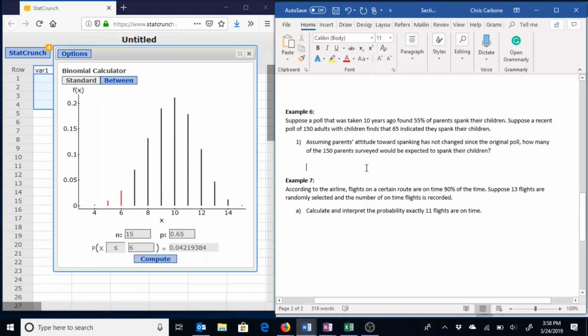Again, that was using the expected value, which would be 150 times then the 0.55. So doing that will give us a value of 82.5 as the expected value.